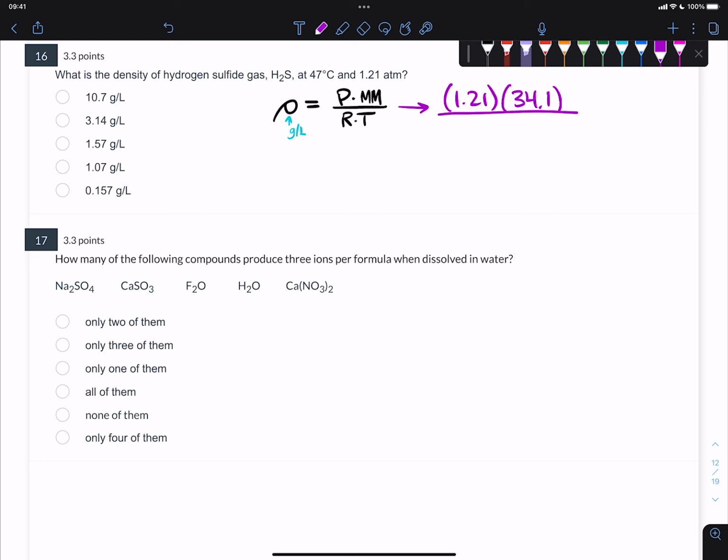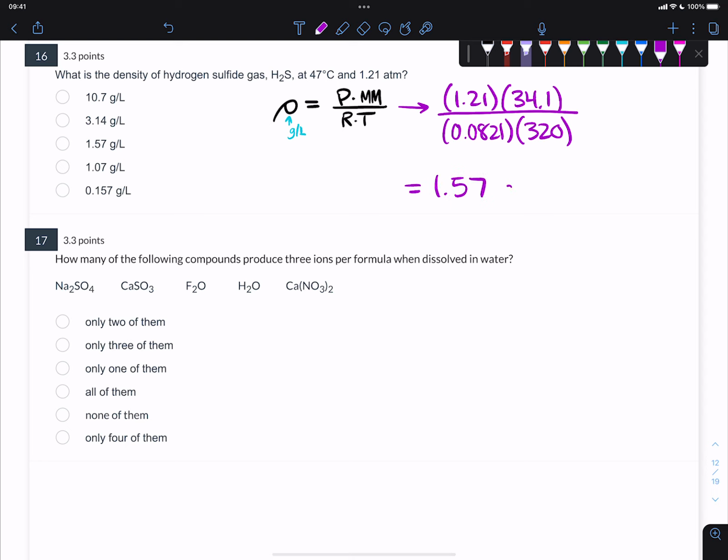And then R is 0.0821. And then the temperature is 47. But we got to add 273. You get 320. And then when you do the math here, you get 1.21 times 34-ish divided by the product of 0.0821 times 320, and I get about 1.57.